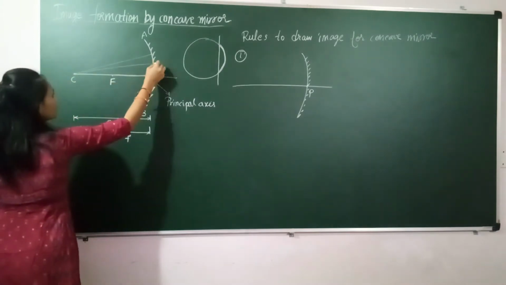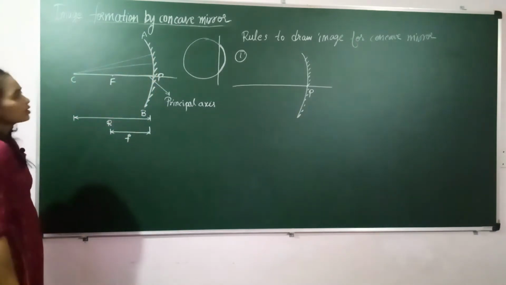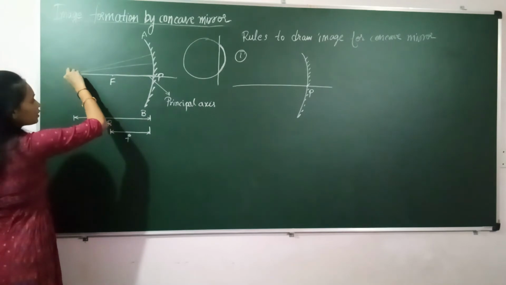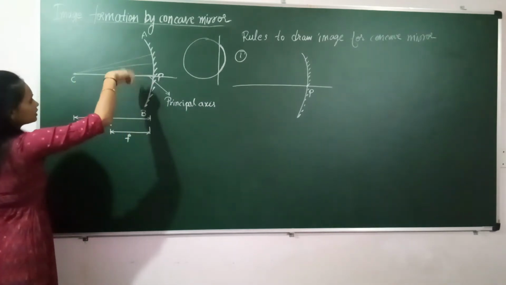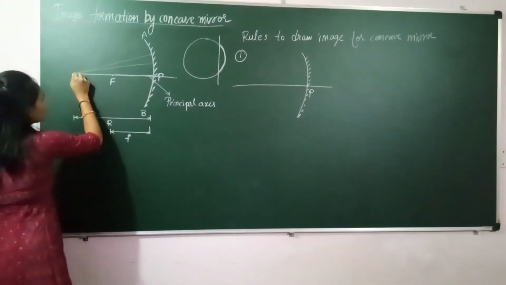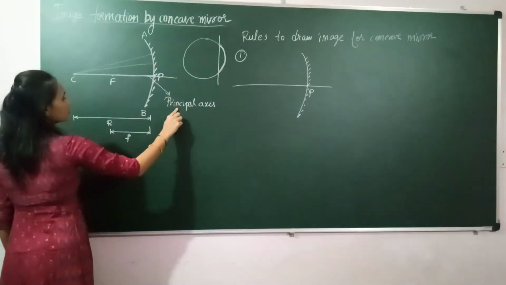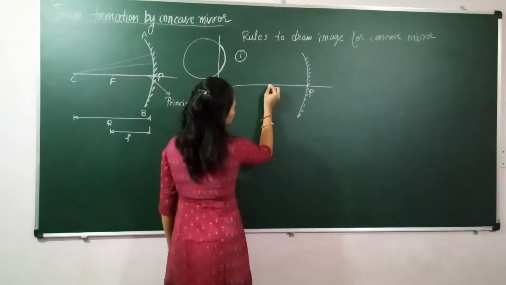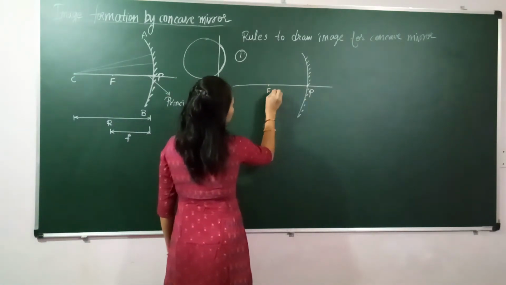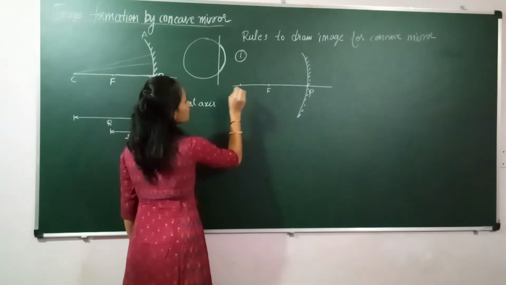If you draw another line, that is also called an axis. All the lines drawn from center of curvature to this sphere are axes, but the line which is passing through the pole is called the principal axis. So here we have drawn the principal axis. This is our focus point. This is our center of curvature.